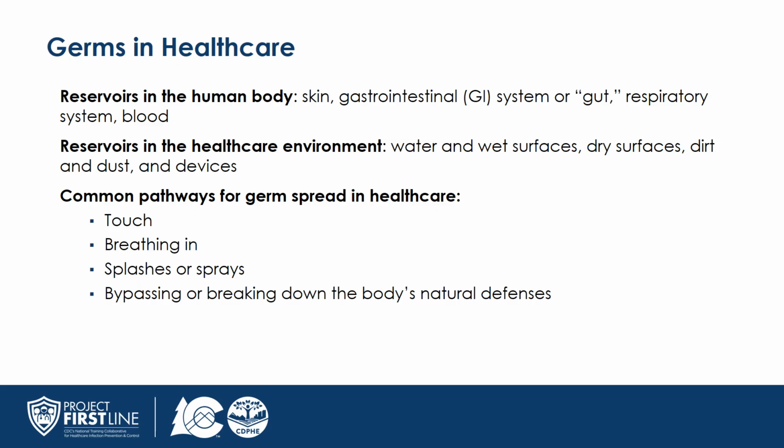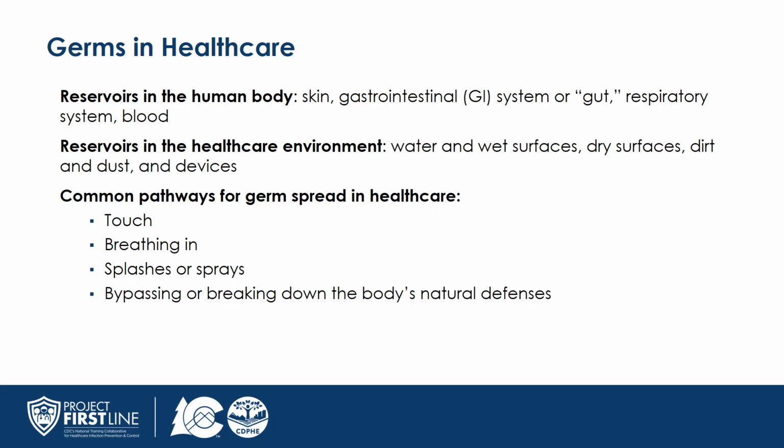These are skin, the gastrointestinal system or gut, respiratory system, and blood reservoirs. For the environment reservoirs in a healthcare setting, we have water and wet surfaces, dry surfaces, dirt and dust, and devices.